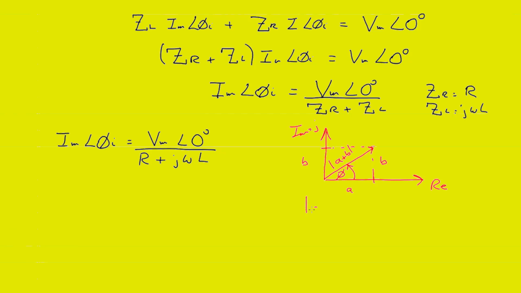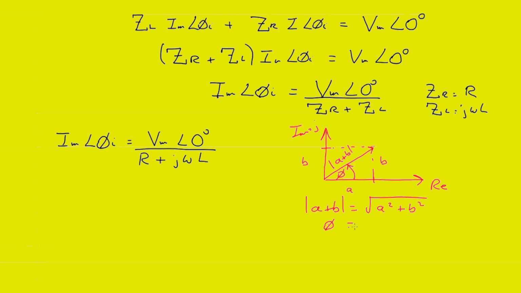The magnitude of a plus jb, you'll recall from Pythagoras, is simply the square root of a squared plus b squared. Notice it's the real part squared plus the magnitude of the imaginary part squared. The j just indicates that it's orthogonal to the direction of the a.